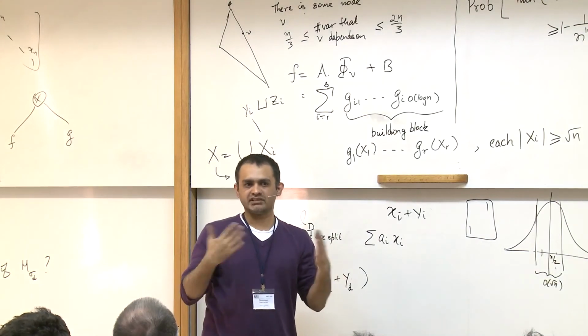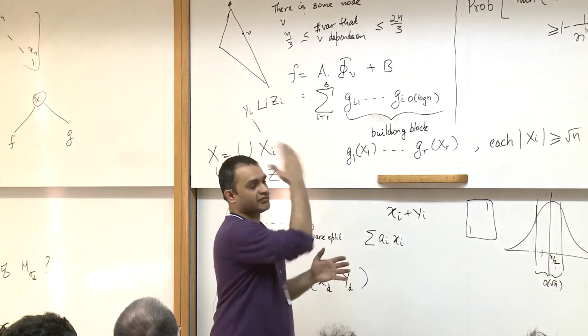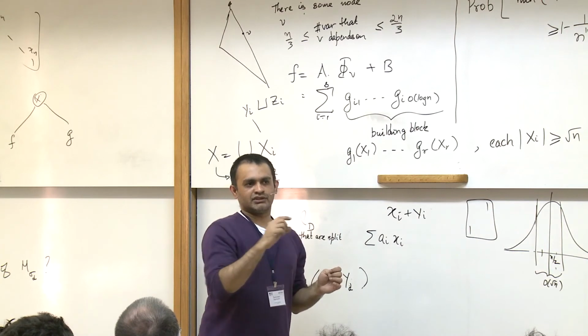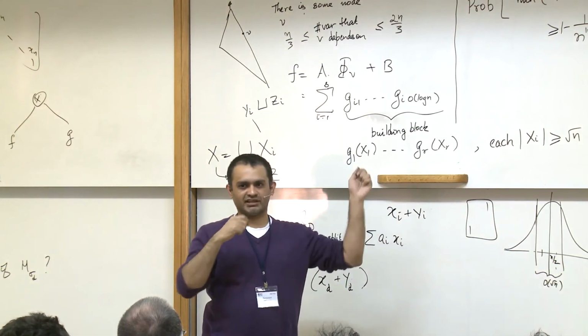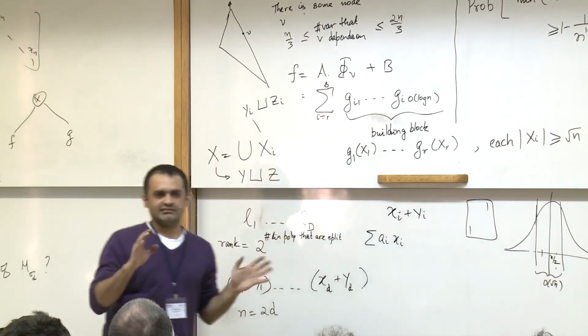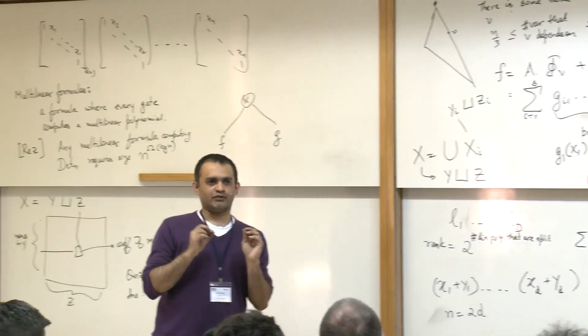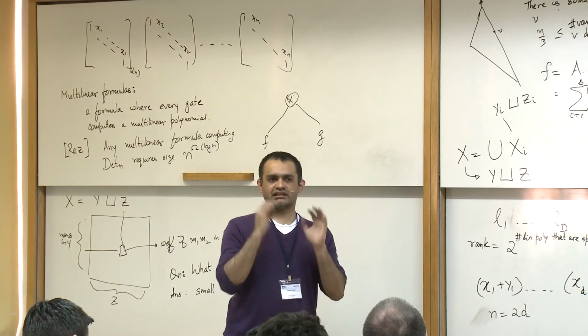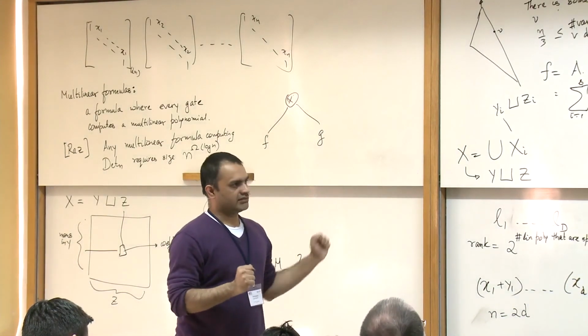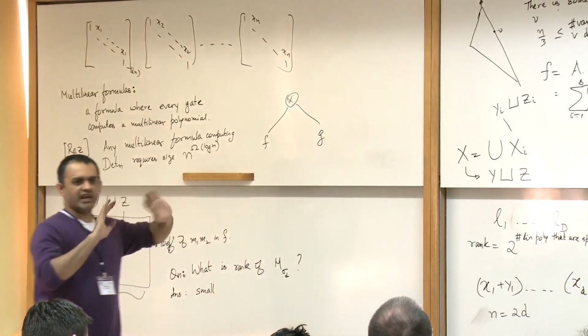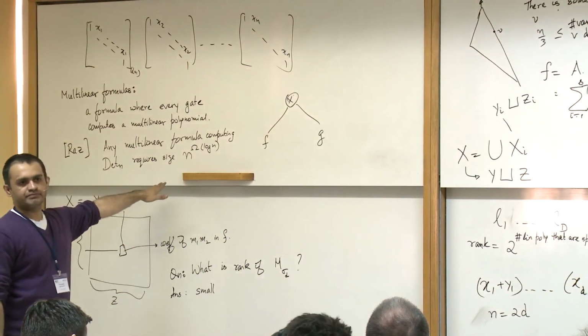I still want to claim that with reasonable probability I'm going to get some gain from every term. So the n to the log n lower bound comes from this union bound, not from the rank. These are things which, once you do the calculations, you will really see that this is what really happens. And this was a very, very brief sketch of what Raz did.